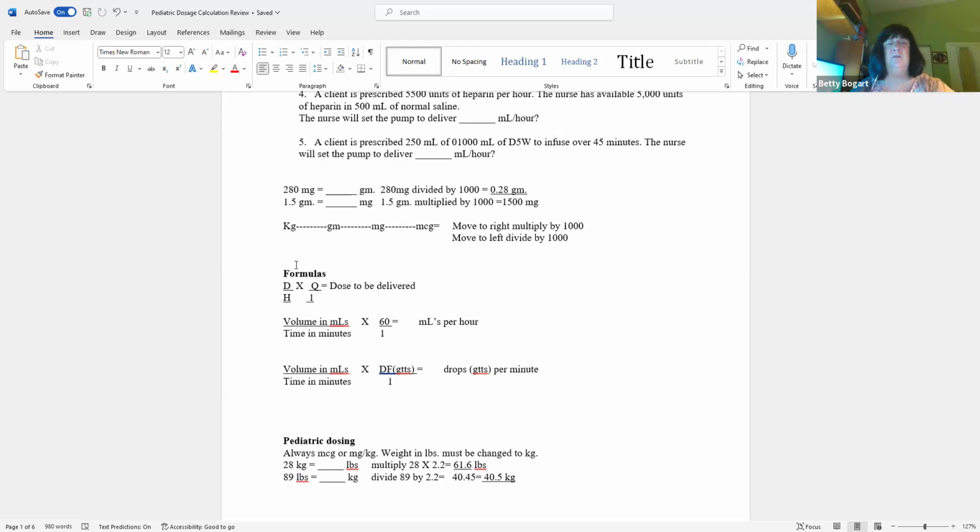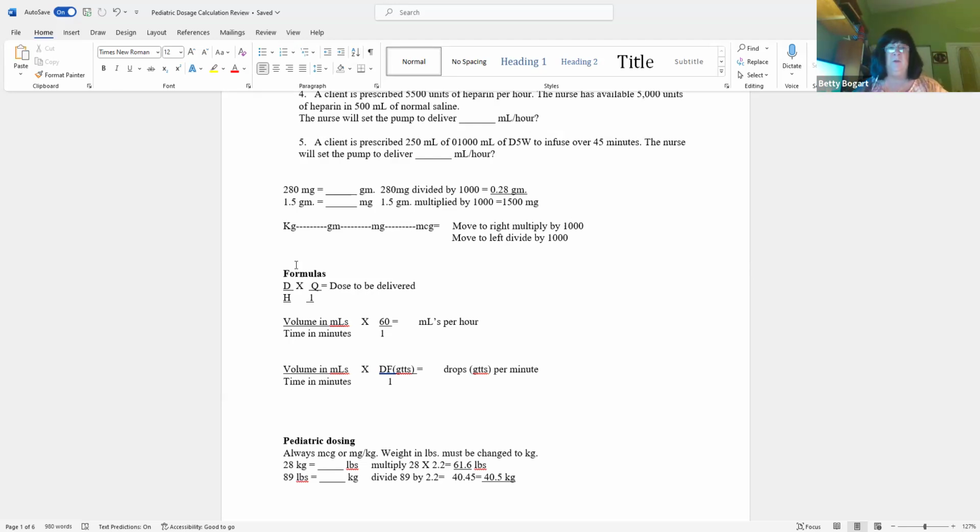So you're going to use the dose over what you were given by the pharmacy, and how much it came in, whether it's heparin in a bag, 500 mLs. Heparin, insulin, drugs per kilo, or just an ampicillin equation are all doses to be delivered.